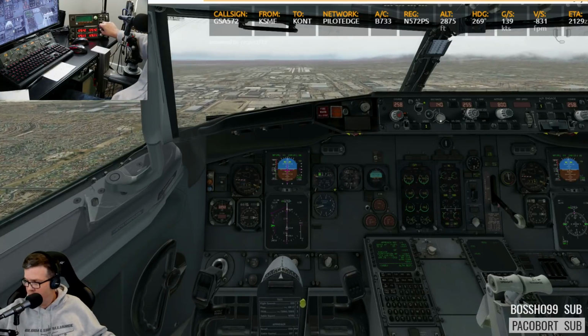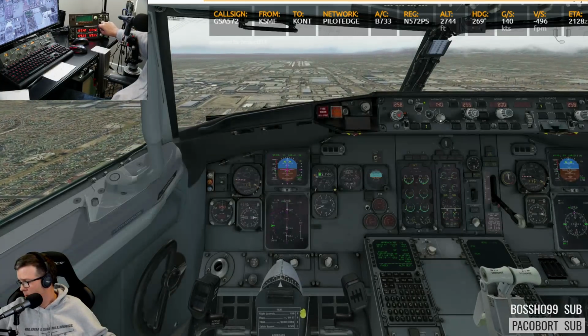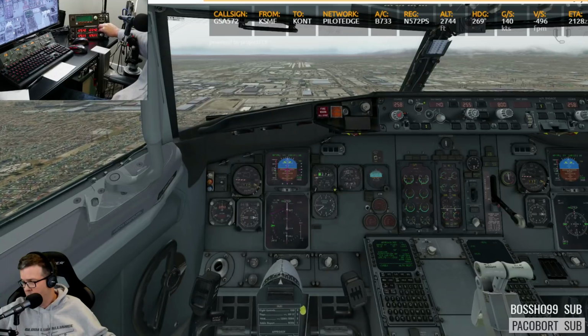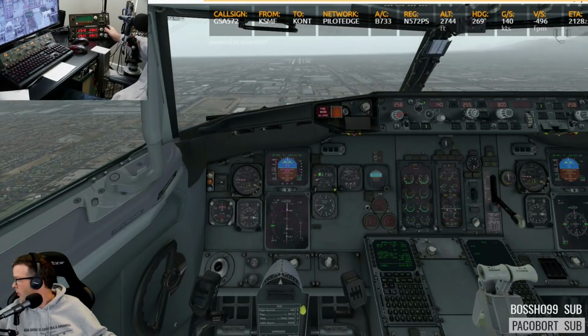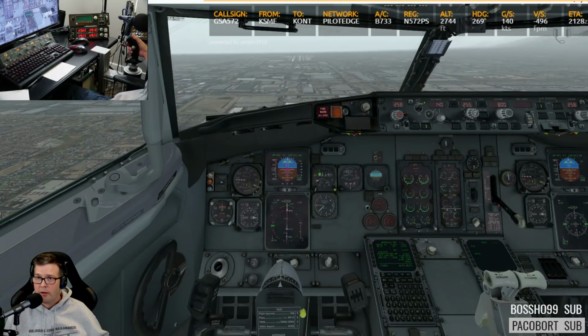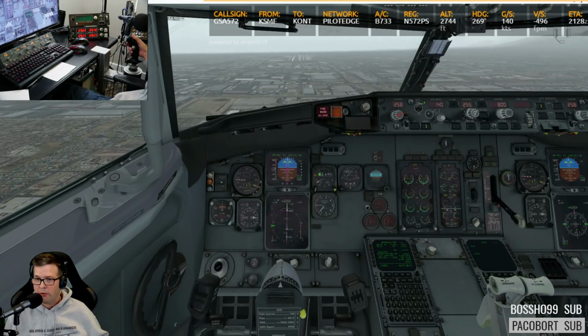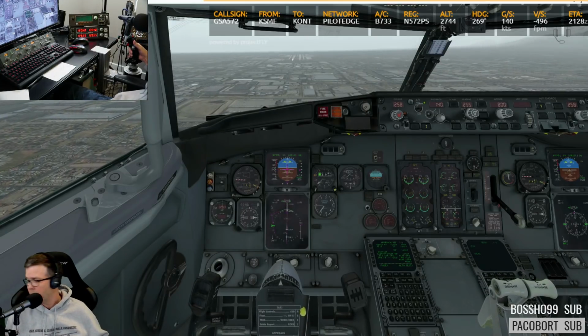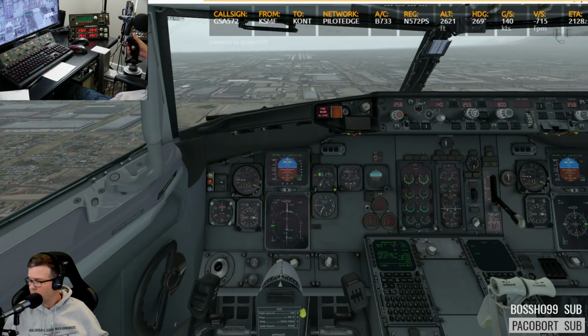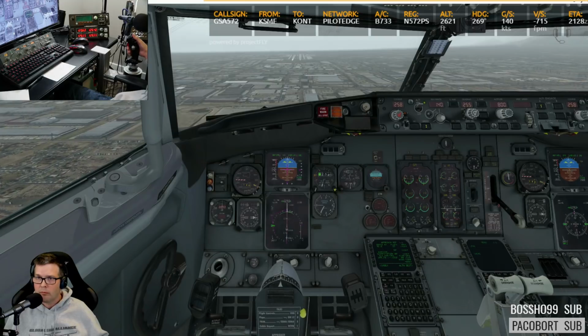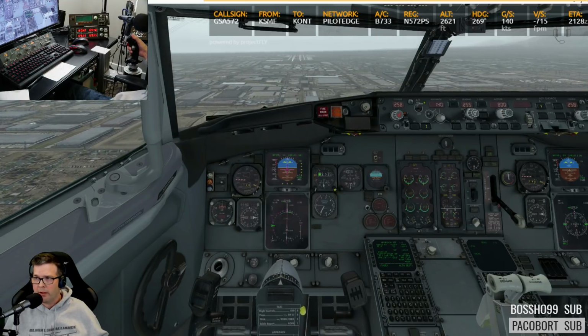Oh, it's 20.6. Ontario Tower, Global 572, ILS 26 right. Global 572, Ontario Tower, runway 26 right, clear to land, wind 250 at 9. 26 right, clear to land, Global 572.